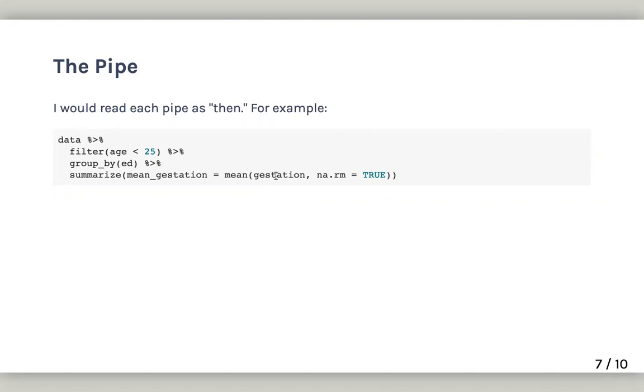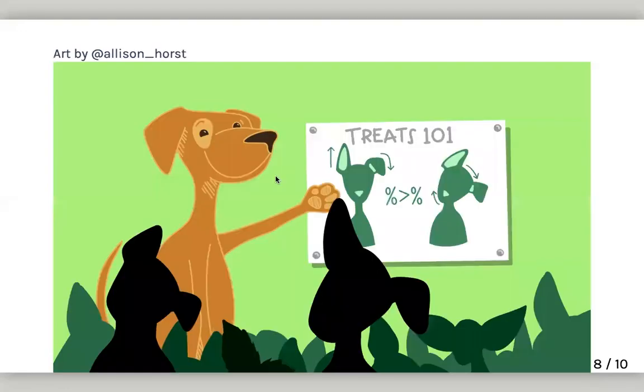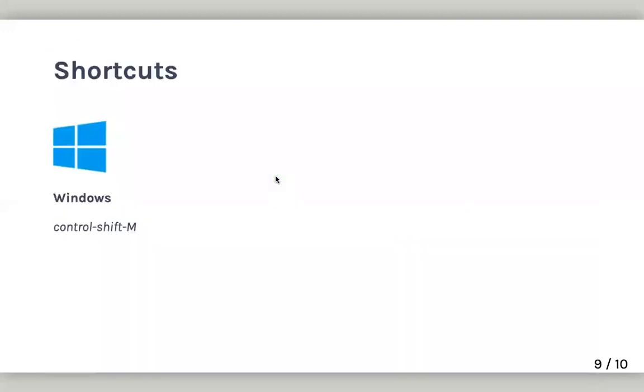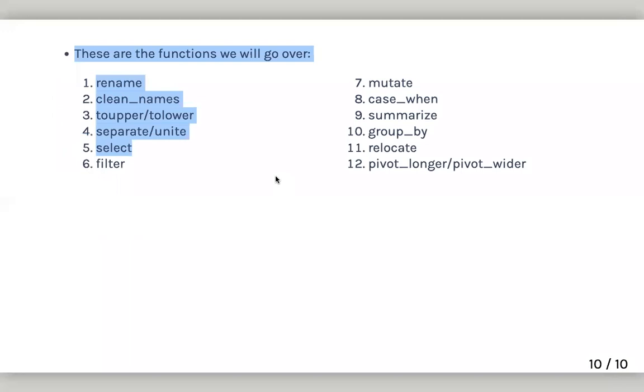So that's the way I'm telling R to do things step by step. That's how you would normally read the pipe. And this is an example of how an analysis would look. The shortcut to include your pipes is Control-Shift-M for Windows and Command-Shift-M for Macs.